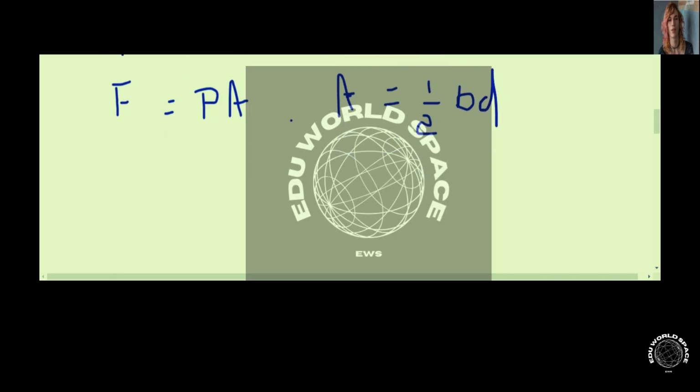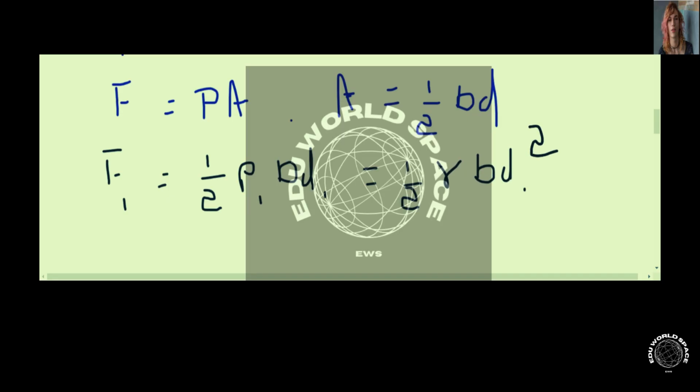Therefore, specifically I can write force F1 is equal to 1 half times P1 BD1, is equal to 1 half gamma B D1 square, and F2 is equal to 1 half P2 B D2, is equal to 1 half gamma B D2 square.